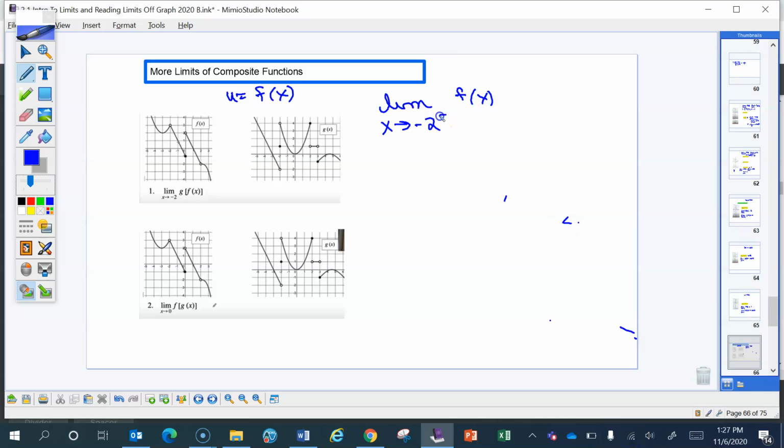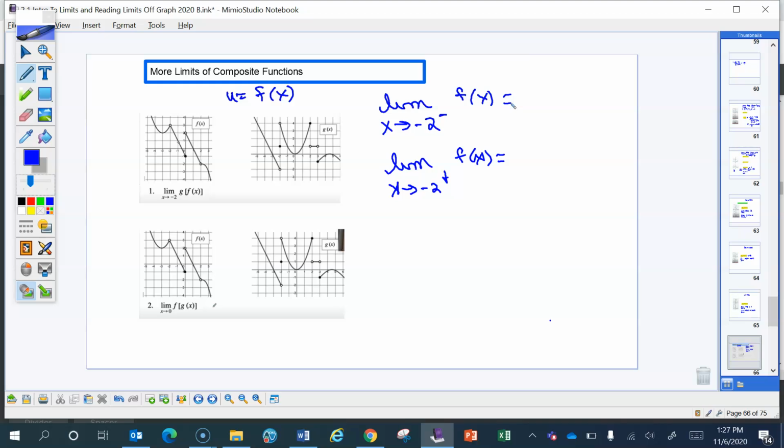And I'm going to look from the left side of -2, and I'm also going to look at the limit as x approaches -2 from the right side of my function.